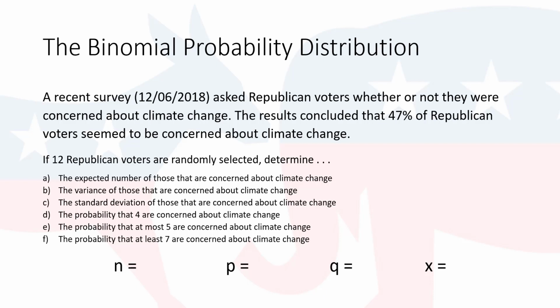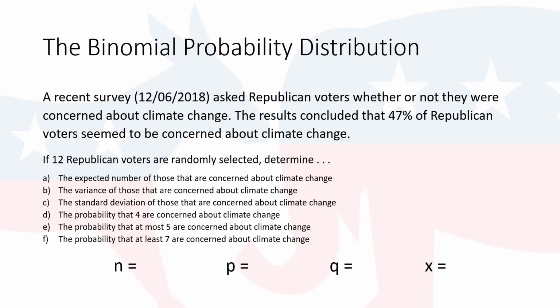p, as I said, is the probability of success on each trial. The experiment is randomly selecting a Republican voter. And each time I do that, there's a 47% chance that that person would be concerned about climate change. We don't write these things as percents, we write them as decimals.